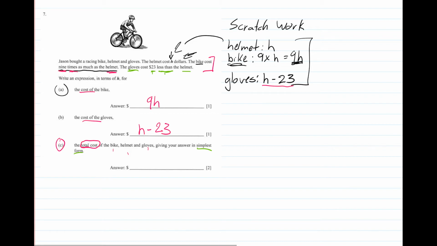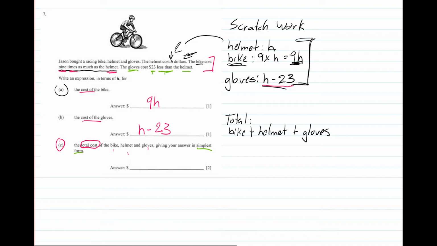So for part C, the total cost of the bike, the helmet, and the gloves, the total is just going to be the bike plus the helmet plus the gloves. Up here, I already know what the helmet is, what the bike costs, and how much the gloves cost.